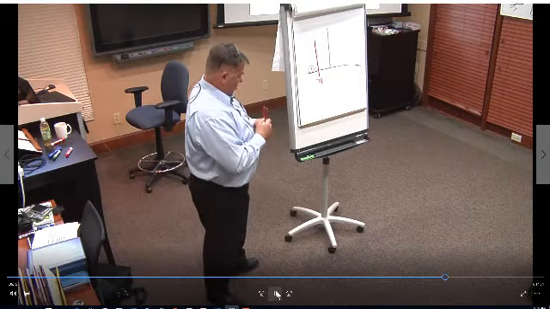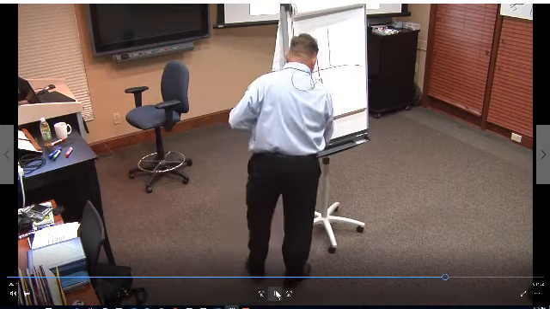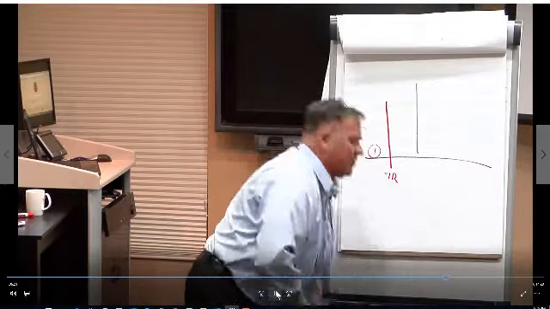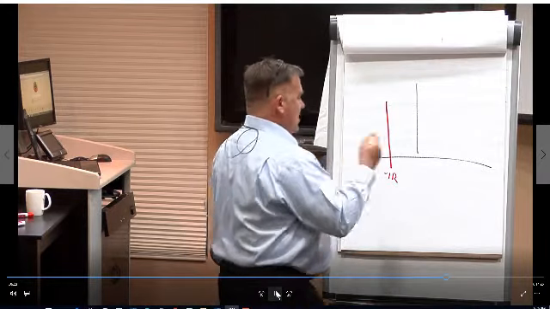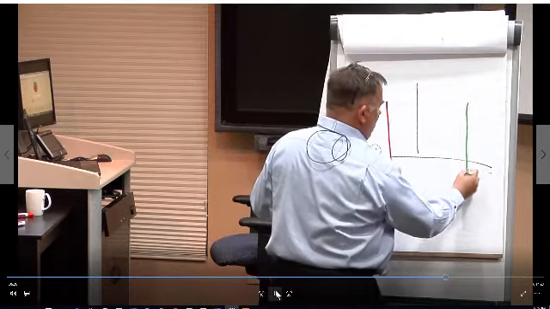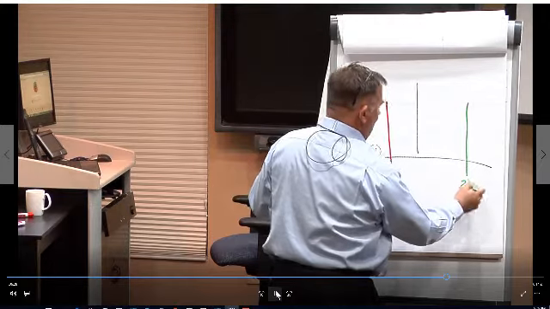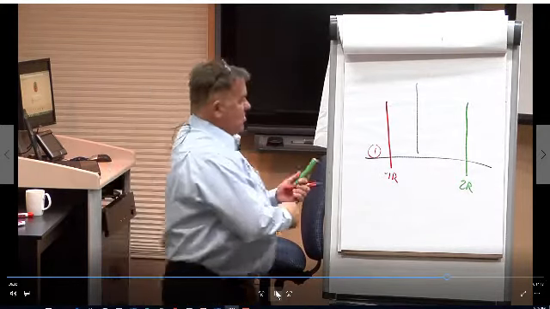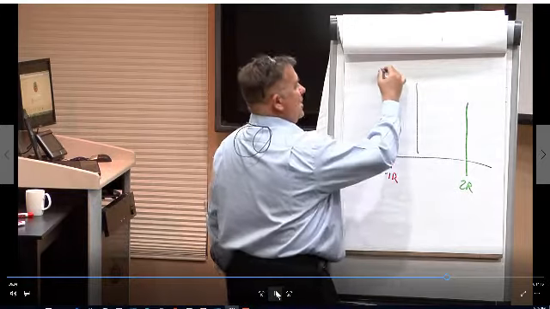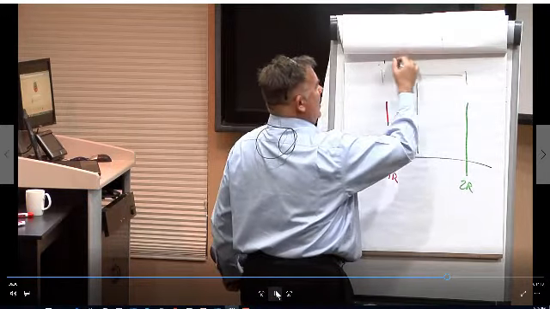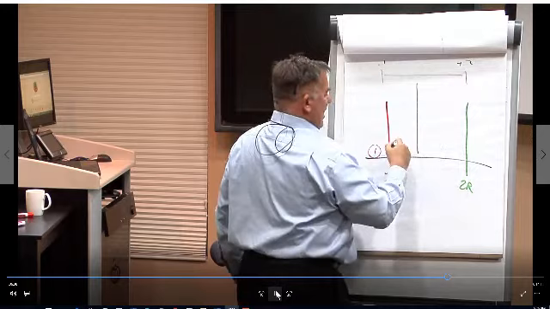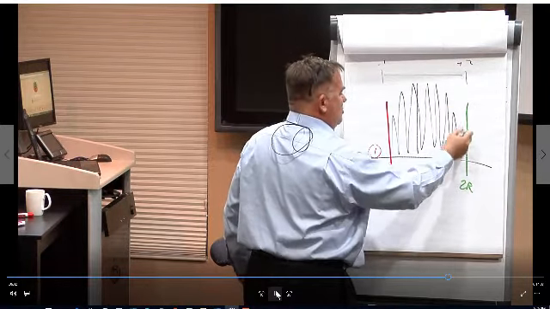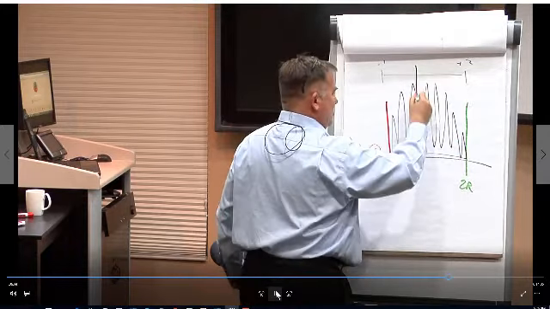The next thing I look for is, what is my minimum reward to risk ratio? 2. Okay. So I'm going to go out to look at 2R. And I'm going to say, let me look at the space between minus 1 and plus 2. And what I'm looking for is some kind of distribution of results that looks like this.